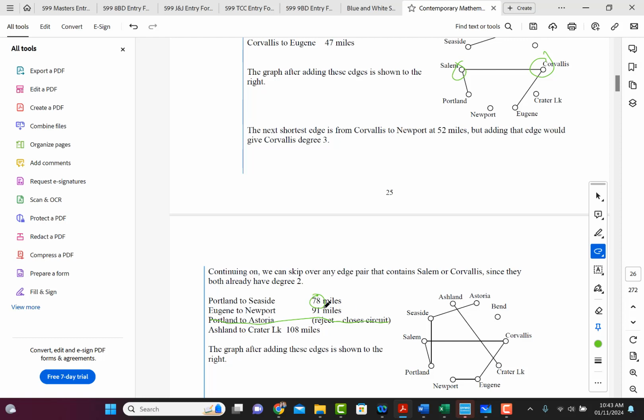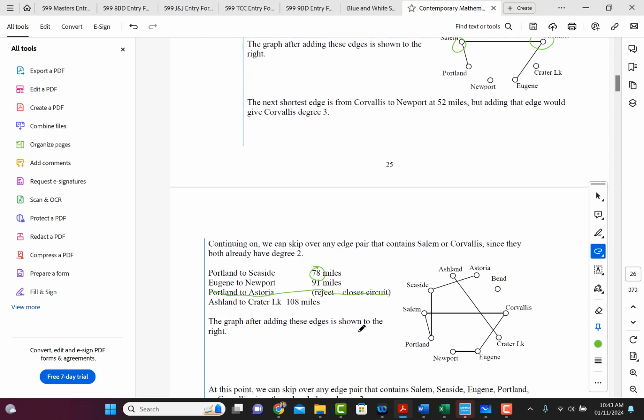So the rest of these we can add: Portland to Seaside, Eugene to Newport, and Ashland to Crater Lake. Right? So we've got it added to the graph. So far, this is what we have.